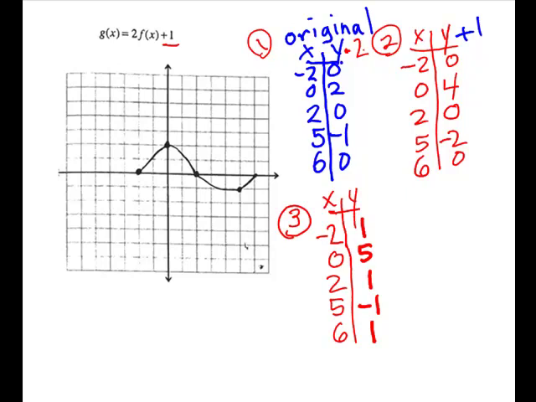So I have negative 2, 1. 0, 5. 2, 1, 5, negative 1, and 6, 1.